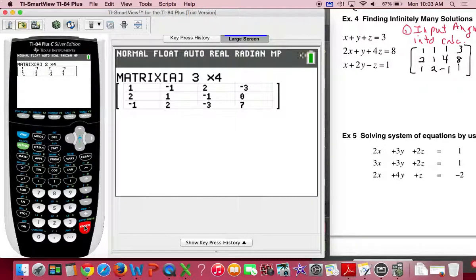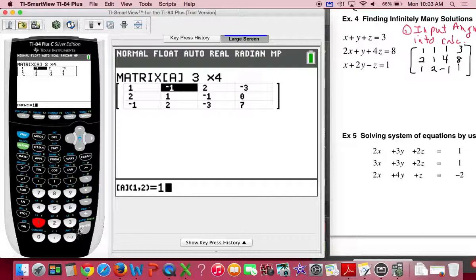It's still a 3 by 4, so we're just going to hit enter, enter, and then enter in your numbers. Always double check your matrix and make sure that you didn't input something incorrectly, because that's going to be your error on the calculator, inputting your matrix incorrectly. And then life will not be happy.